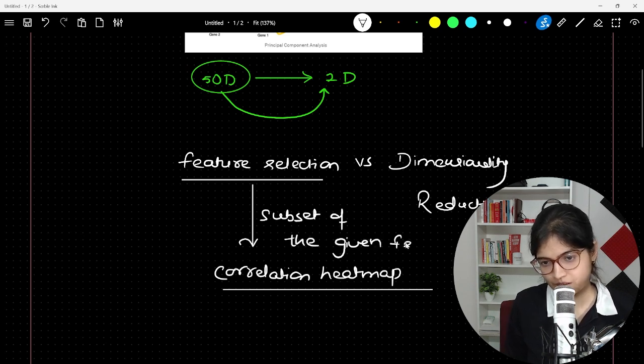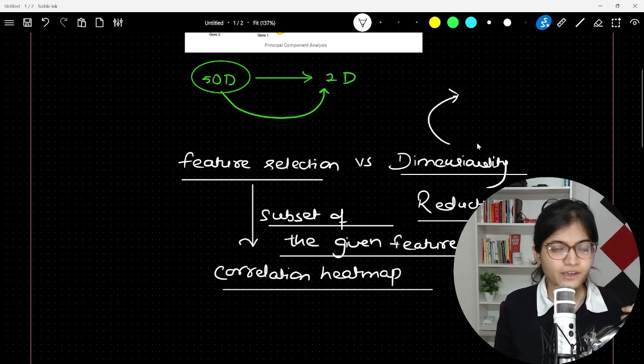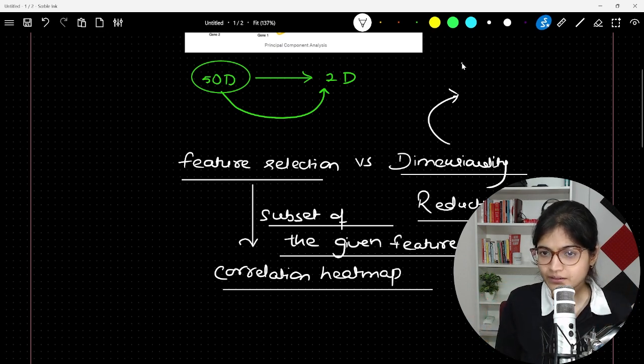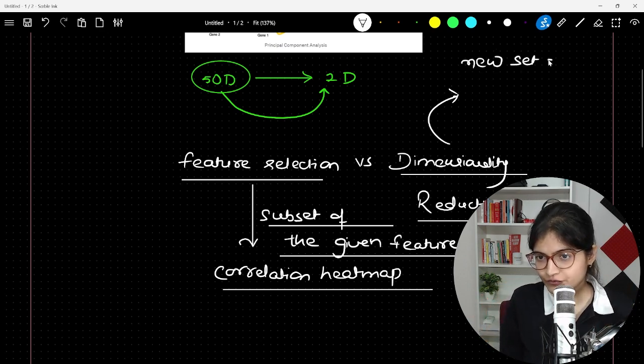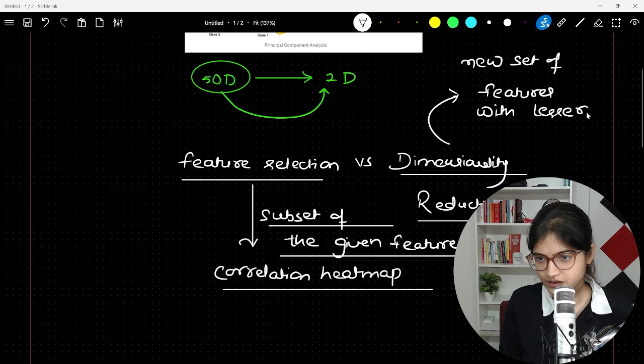Always remember, when we are talking about dimensionality reduction techniques, we are applying the algorithm in such a way that we get a new set of features altogether with lesser dimensions, right?